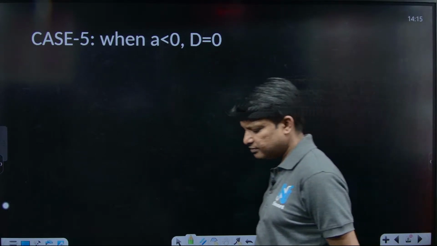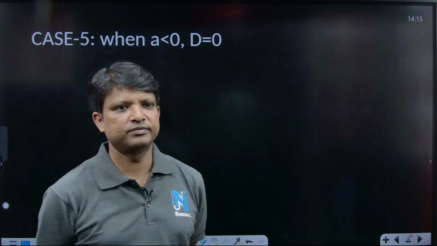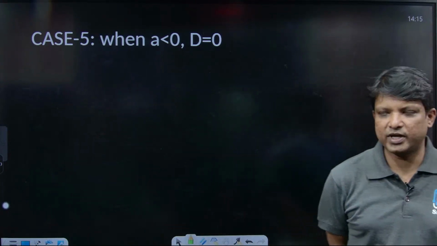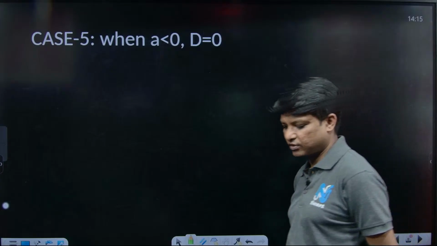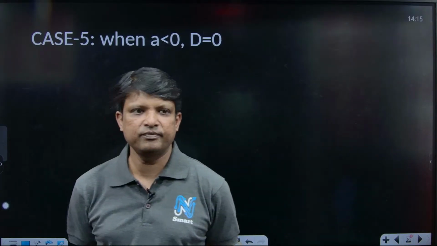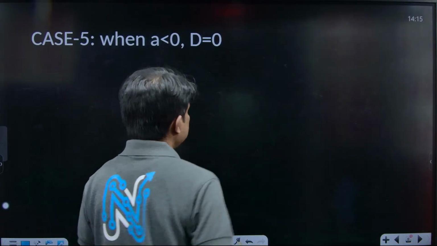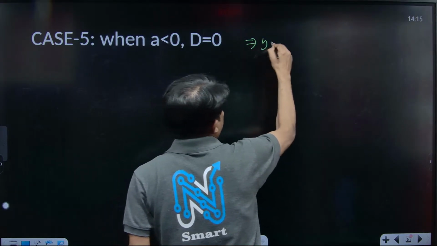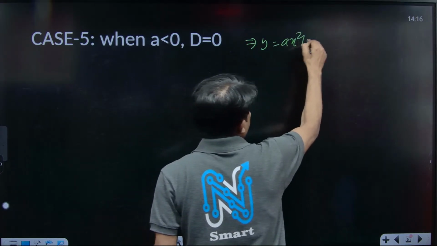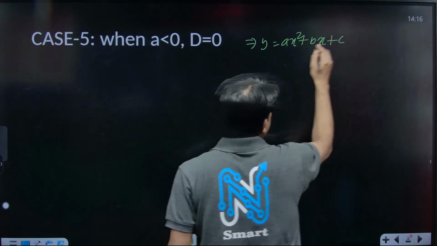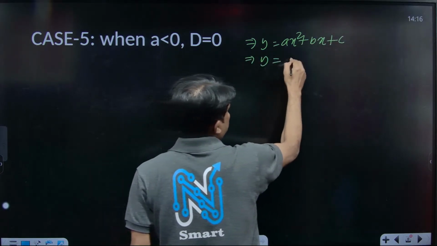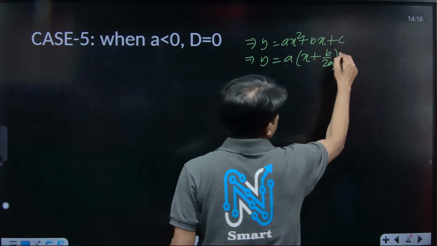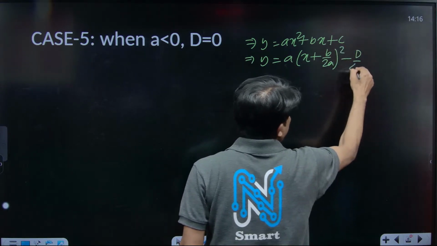Next, another condition: when A is negative, which confirms a downward parabola, and D is exactly 0. We know D equal to 0 means both roots are equal and real. That means this is a perfect square expression but with a negative coefficient, a downward parabola. y equals ax square plus bx plus c is transformed to y equals a into x plus b by 2a whole square minus discriminant by 4a.